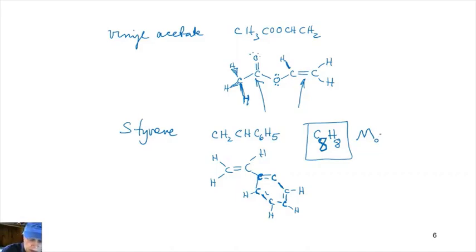So that molecular weight is going to be 8 times 12.01 grams per mole, plus 8 times 1.008 for the hydrogen. And to a pretty decent approximation, that's 104 grams per mole.